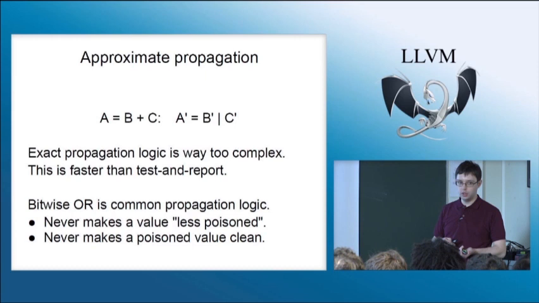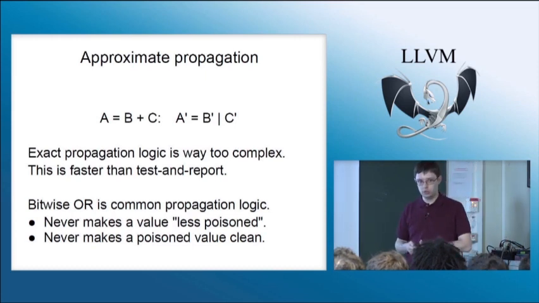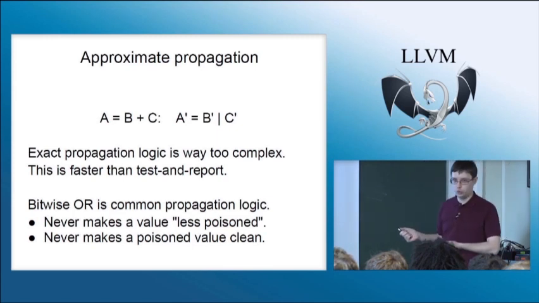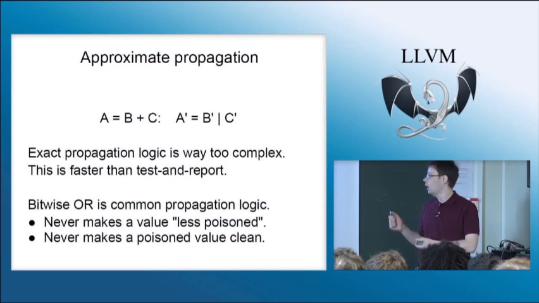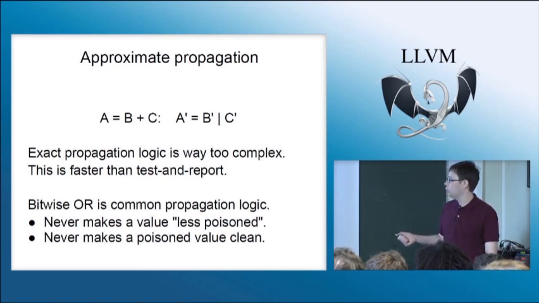The alternative would be to report immediately if the user application tries to add two values, one of which is not fully initialized, but it is actually much slower because we've got a branch and we have to evaluate a condition. So we just do bitwise OR of shadow values.